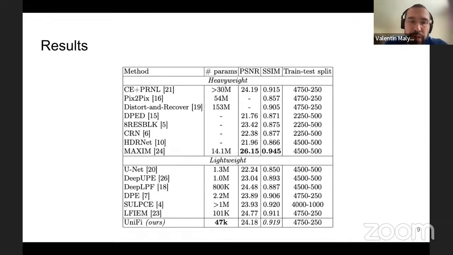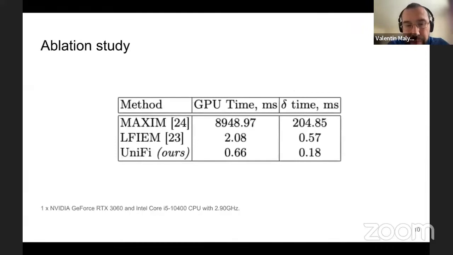So our claim here is that we can get lower parameters with roughly the same quality, and also the important part is that our approach is much faster.